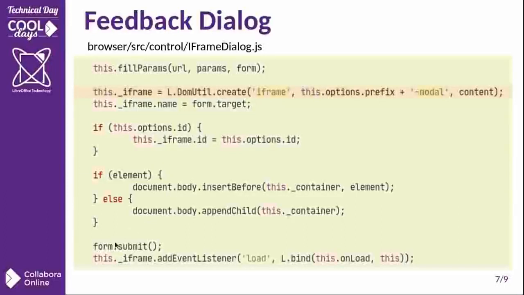If you want to customize something, you can check here the event listener load that is attached to a function load, and it is triggered when the browser completely downloads your request, and once it's completed, finally we will show the dialog.